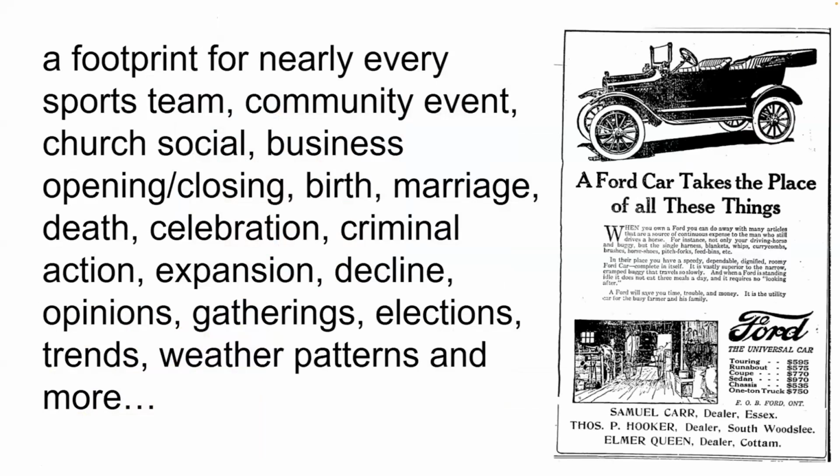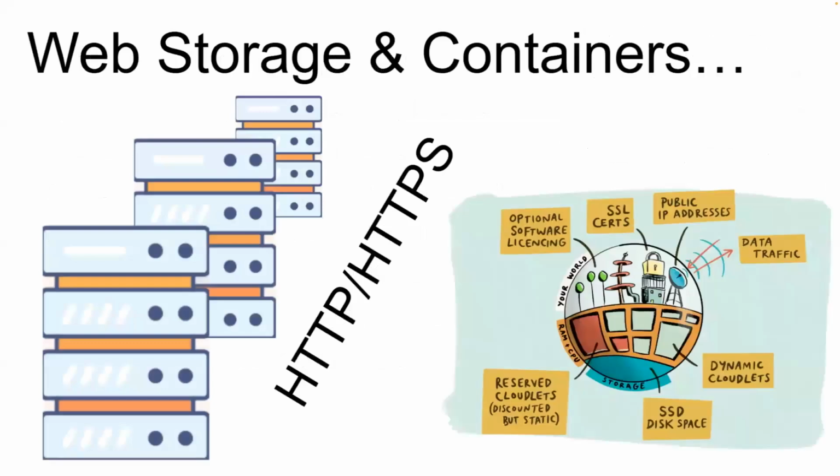For example, this advertising from the early part of the 20th century captures a time when Ford wasn't competing with Chrysler or Chevrolet. Ford's biggest competitor at that time was the horse. The examples are endless for what newspaper content can capture, and this is why it is so important to try to make them available. So for lots of reasons, we want to find low-cost options for newspaper digitization.